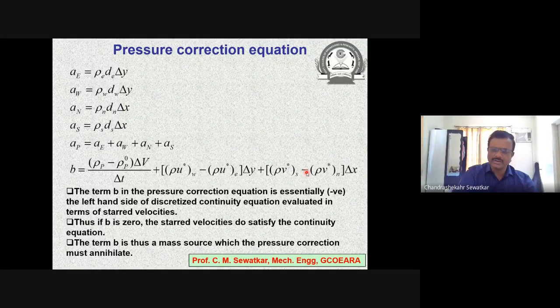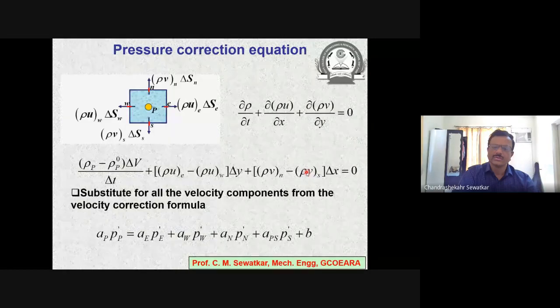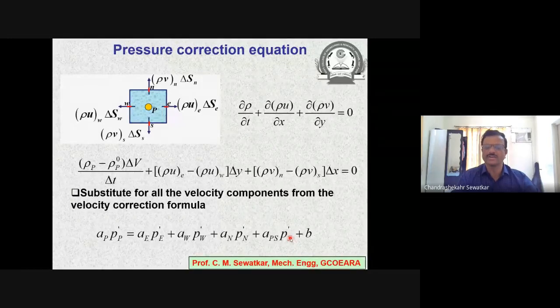How do I do pressure correction? I use this equation. PP prime. So see, PE prime, PW prime, PN prime, and PS prime will be known to me from initial conditions and boundary conditions of pressure correction.